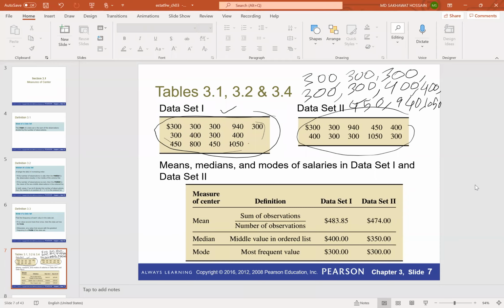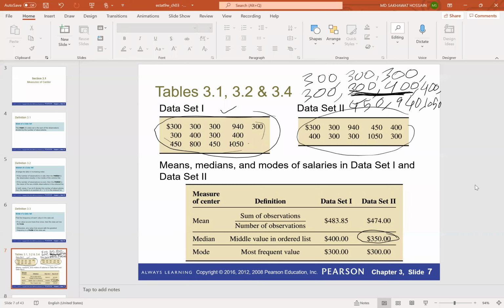Since we have 10 numbers here, we have 2 values in the middle, 300 and 400. So the median will be the average of these 2 numbers, which is 350 for data set 2.